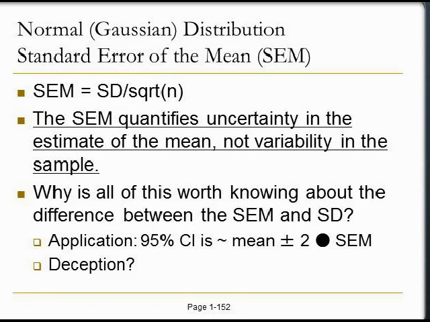So let's go on to talk about the standard error of the mean just a little bit. Standard error of the mean is the standard deviation divided by the square root of n. Okay, again, I think a testable concept for those who may be sitting for the exam.